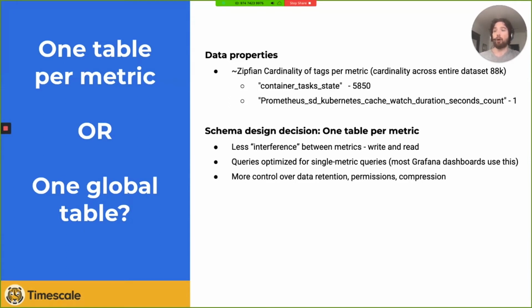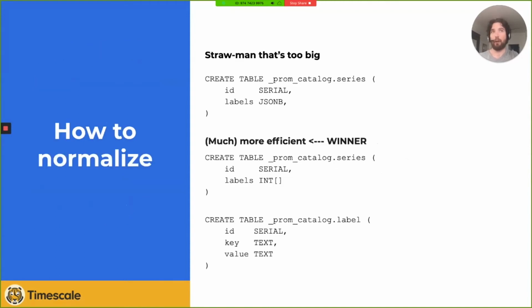This motivated our decision to split up metrics in order to avoid performance interference between metrics with very different data distribution properties. This also allows us to optimize single metric queries, which we found to be much more common than the multi-metric ones. The second question was how to normalize tags.